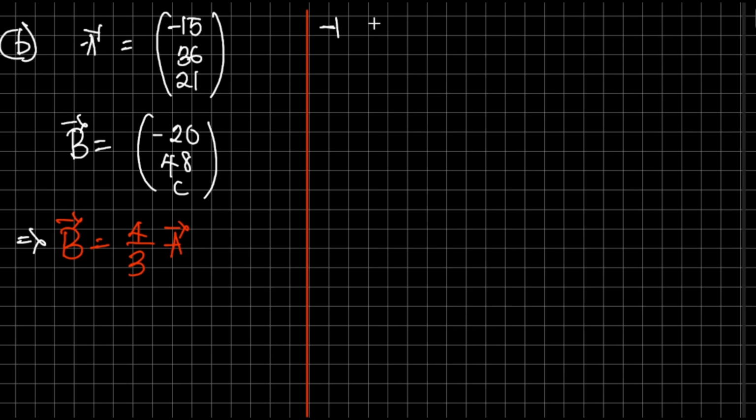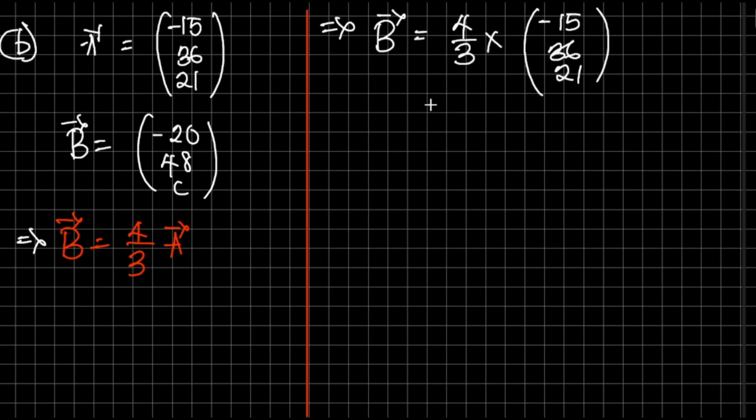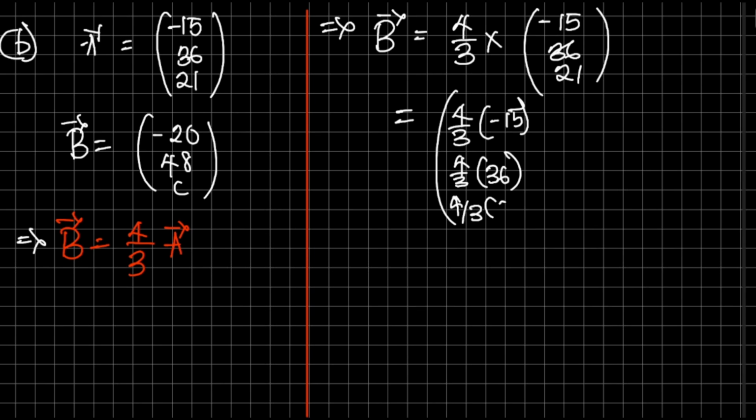It then implies that vector B will be equal to 4 over 3 multiplied by, what is vector A? Minus 15, 36, 21. And that will be 4 over 3 multiplied by minus 15, 4 over 3 multiplied by 36, 4 over 3 multiplied by 21.